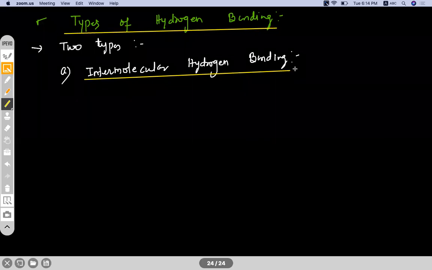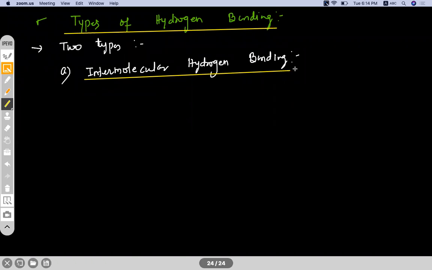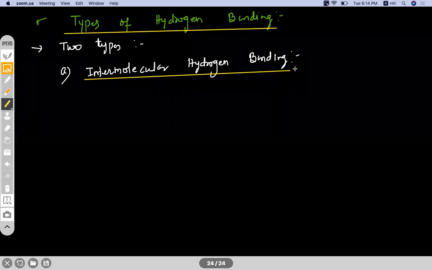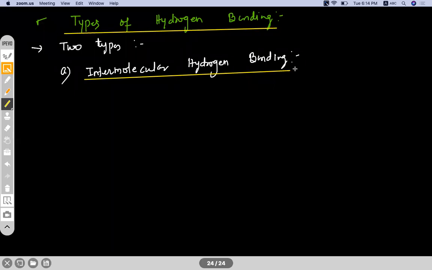Write down: this type of hydrogen bonding occurs when the hydrogen bond acceptor and the hydrogen bond donor are present in two different molecules.